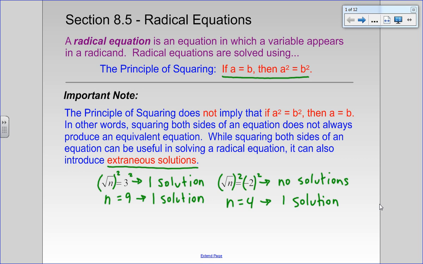If we plug it back in to the original radical equation, it does not make that equation true because the principal square root is not equal to -2. So we need to be careful with this process of squaring both sides, and we need to make sure that we are always on the lookout for these extraneous solutions as we solve radical equations.